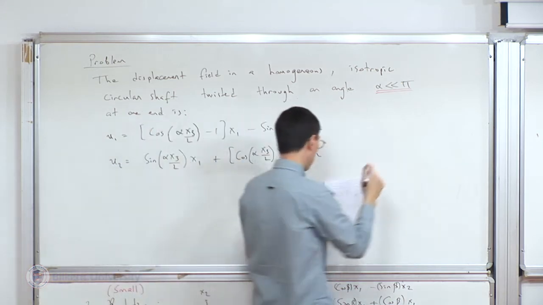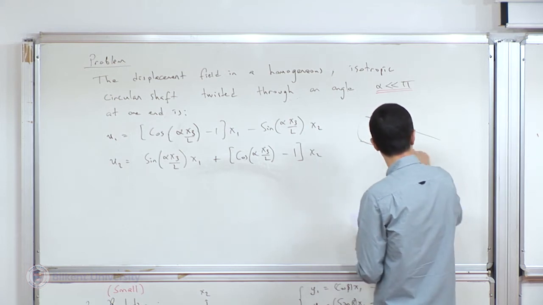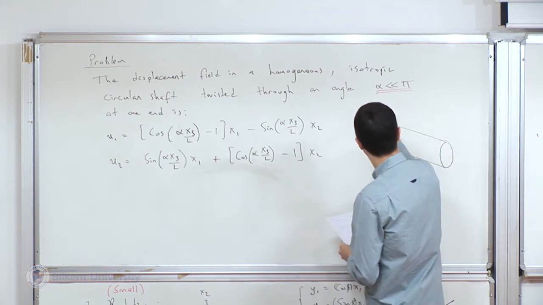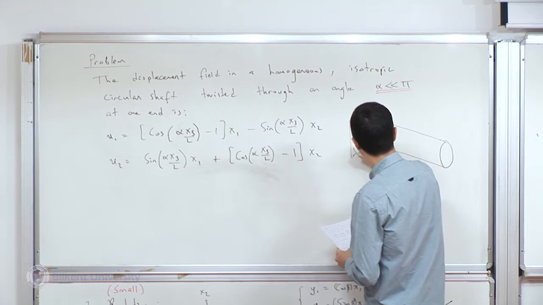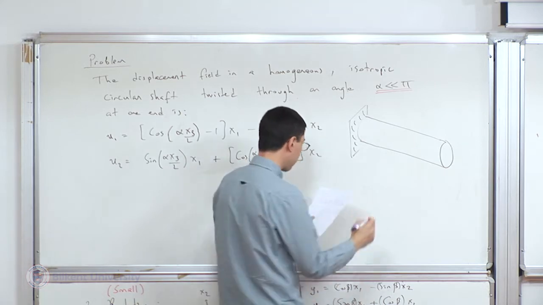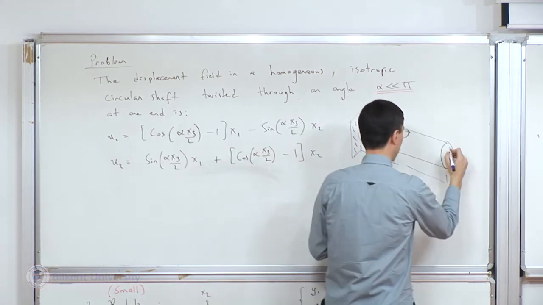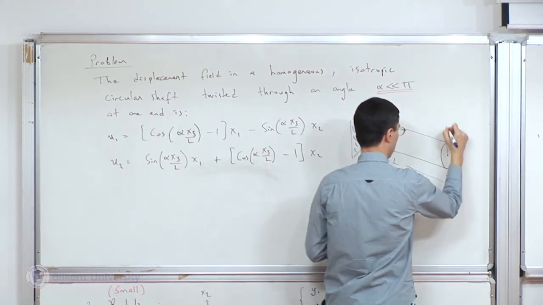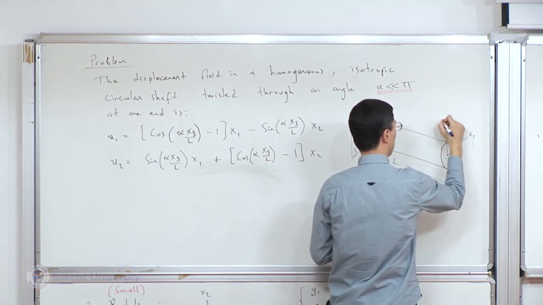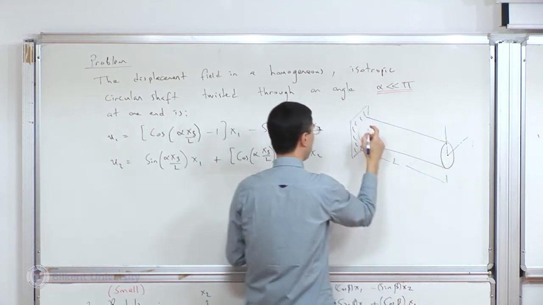Okay, so let me draw the geometry. It's going to clear up some things. Okay, so that's the circular shaft. It's fixed at one end. The length is L, right? And let's say this is our coordinate system, x1, x2, and well, let's write that over here to pick as our origin.